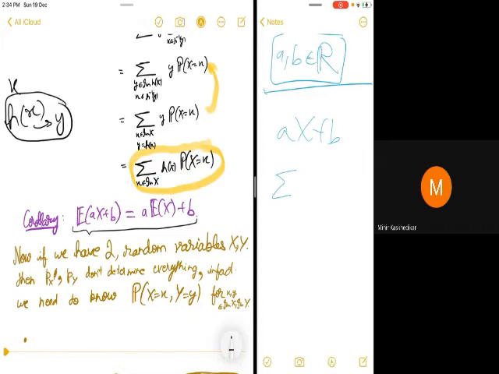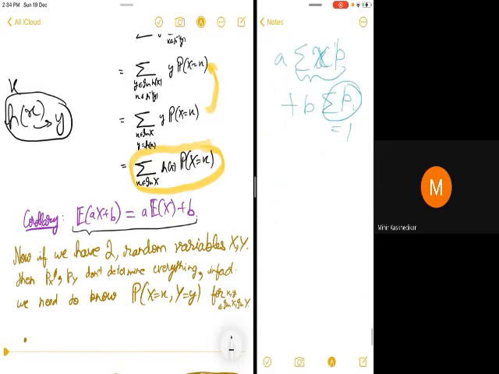So this sum will break down into a times the weighted average of x plus b times the sum of the probabilities, which equals 1. So it will equal a times the expected value of x plus b.